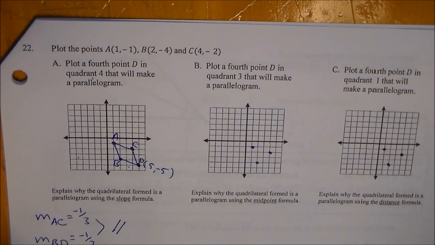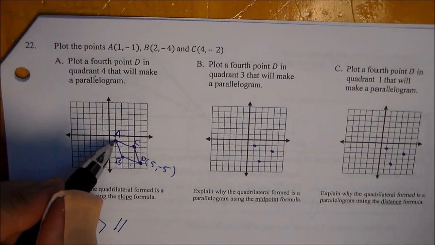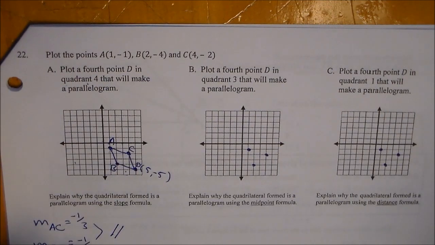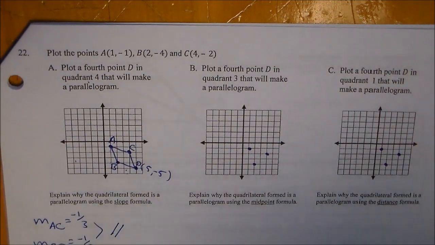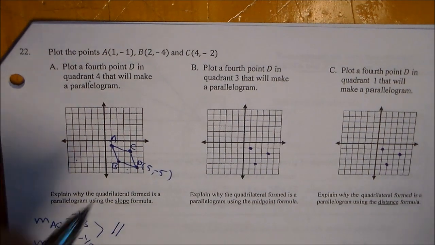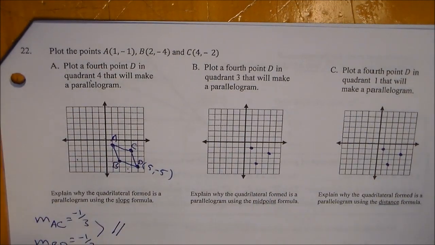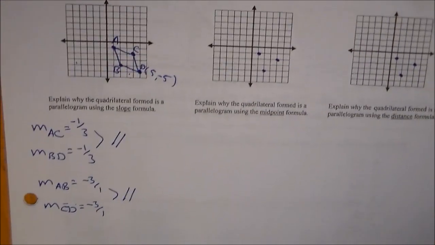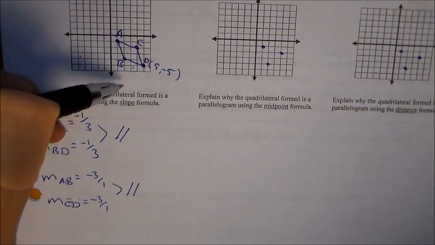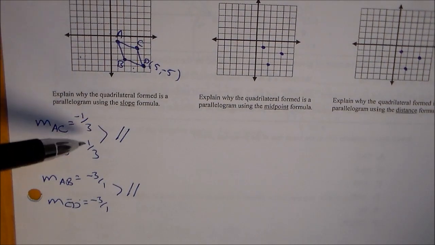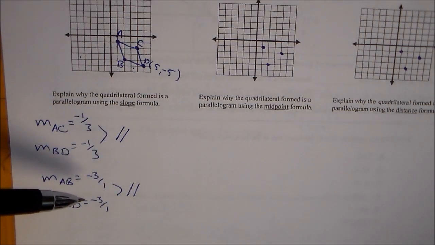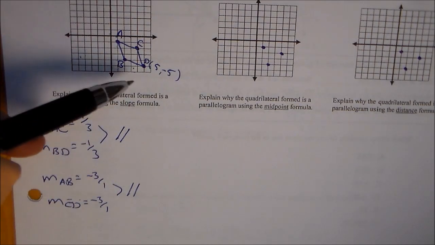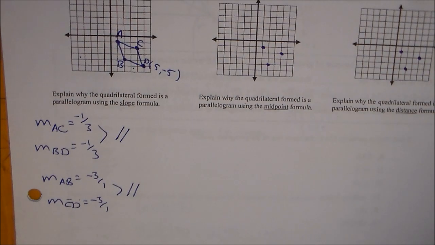The slope of AB is down 3 over 1, and the slope of CD is down 3 over 1. That also makes them parallel. So we know this is now a parallelogram because the opposite sides have the same slope, which makes them parallel. And we may almost think that they are perpendicular, but these are in fact not opposite reciprocals. That kind of goes in the direction we don't want to go.